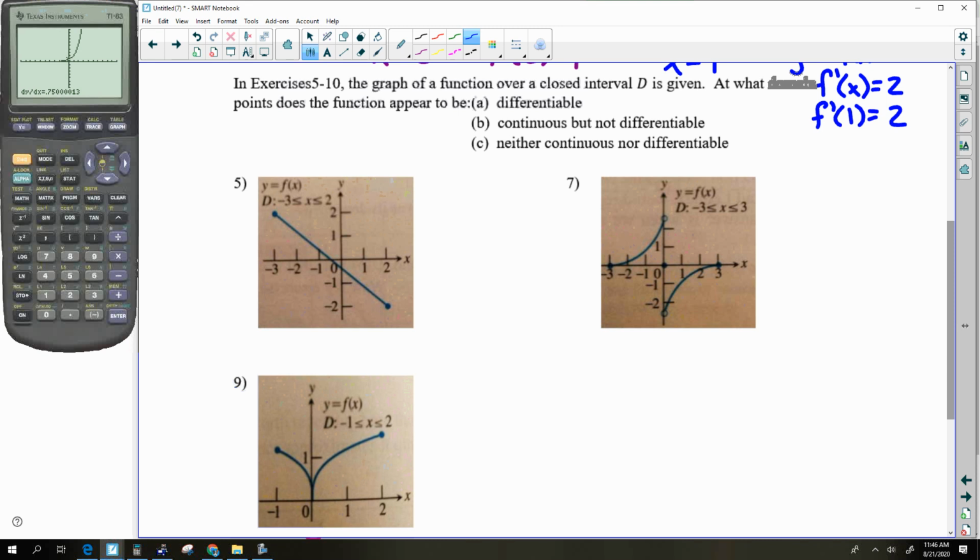All right, and the graphs, at what domain points does the function appear to be differentiable? Continuous, but not differentiable. Neither continuous nor differentiable. Okay, let's go with differentiable. That just means that it's smooth. At number 5. So smooth, differentiable, A. It should be differentiable over that entire span of -3 to 2.